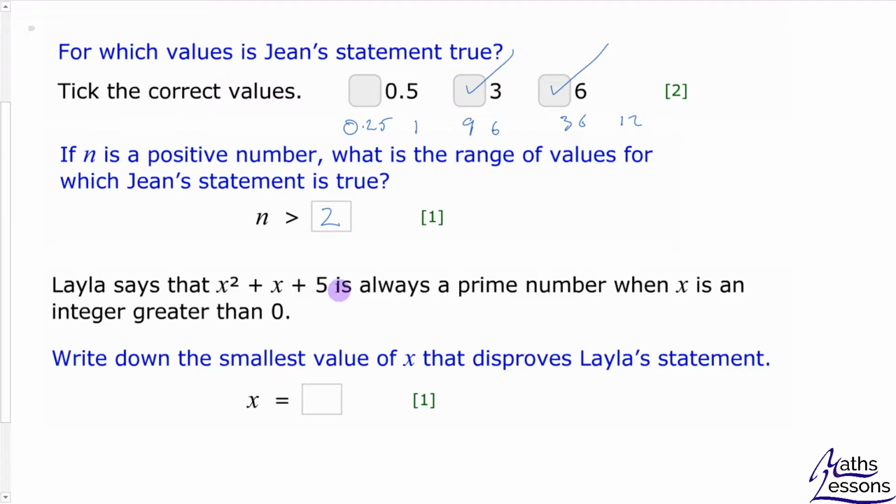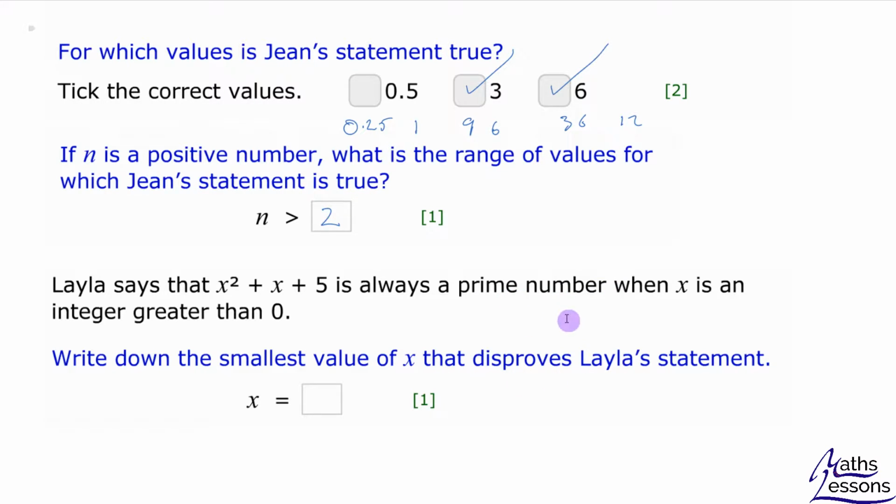Right, so as I said, we need to think about factors. It's the easiest way to look at this, because if you have a common factor for all of the terms, then you know you've got a number that goes into it, and therefore it's not going to be prime.